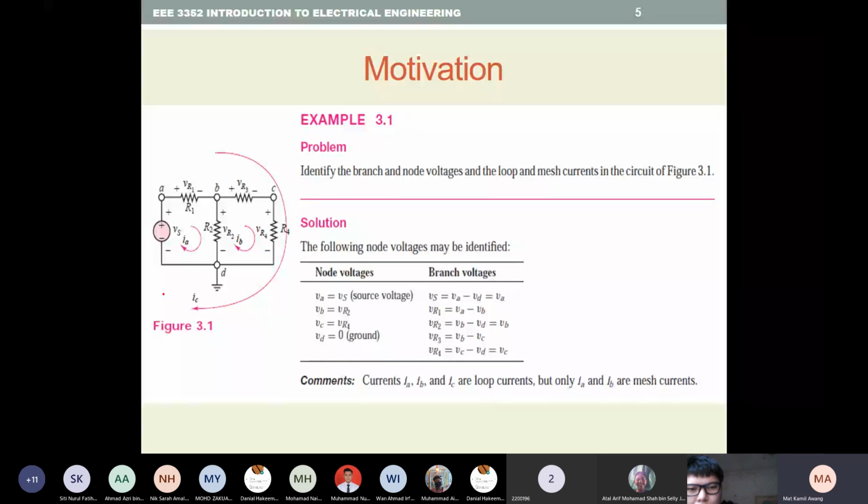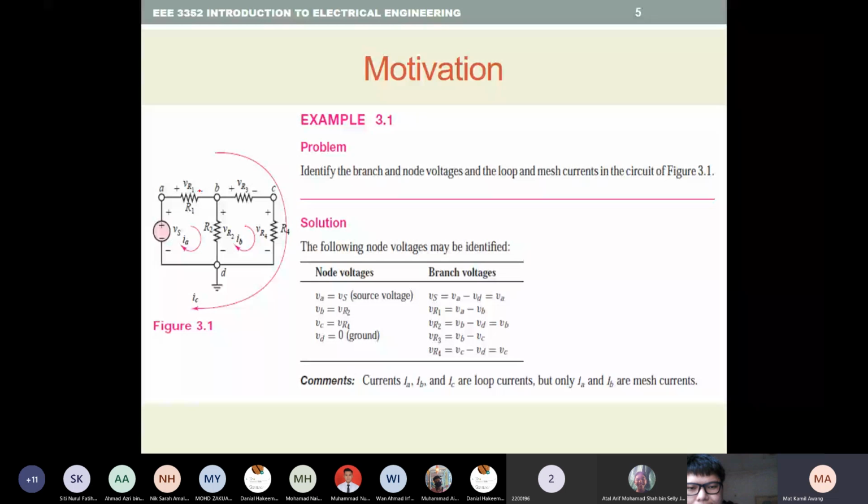In terms of current, this is one current IA, this is IB and IC. So you have three currents. In terms of node voltages, we have 1, 2, 3, and 4 for this particular circuit. And we will learn how to do those calculations later, by using node analysis and mesh analysis.